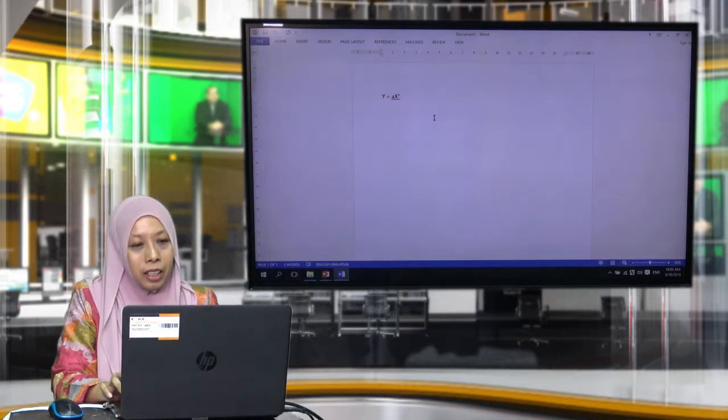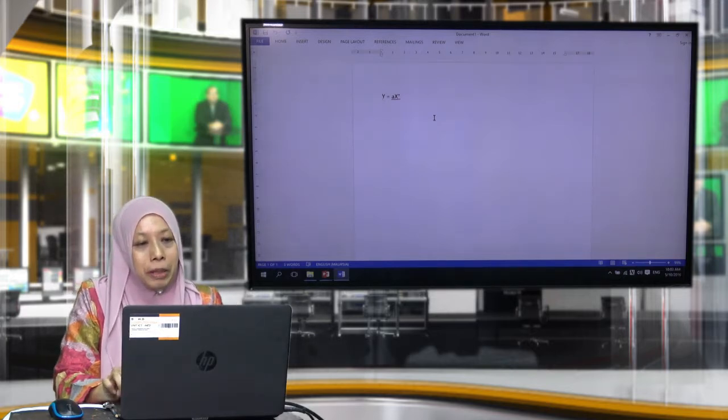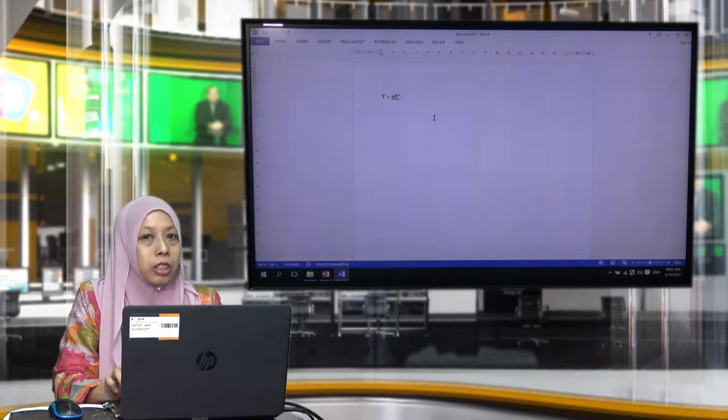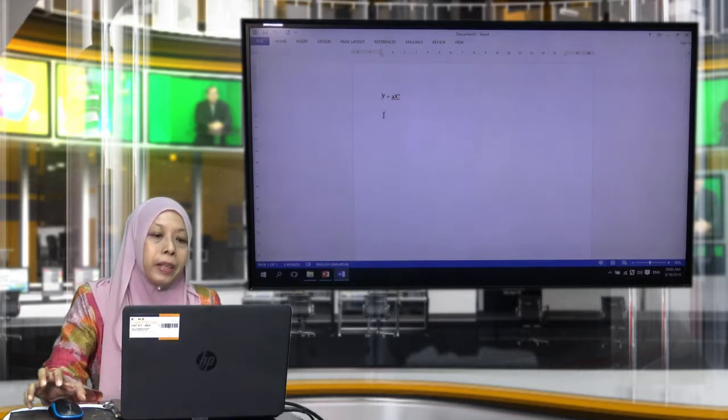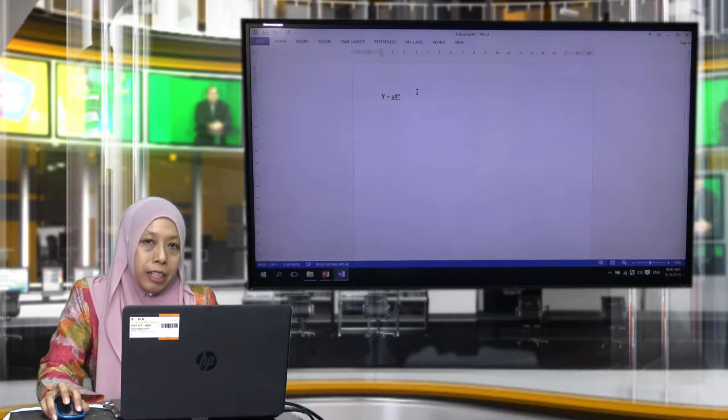Okay. Alright, let me show you in detail about the rules of differentiation. Let me start with the power function rule because that is the basis for the other rules. Now, a power function is a function with an exponent.